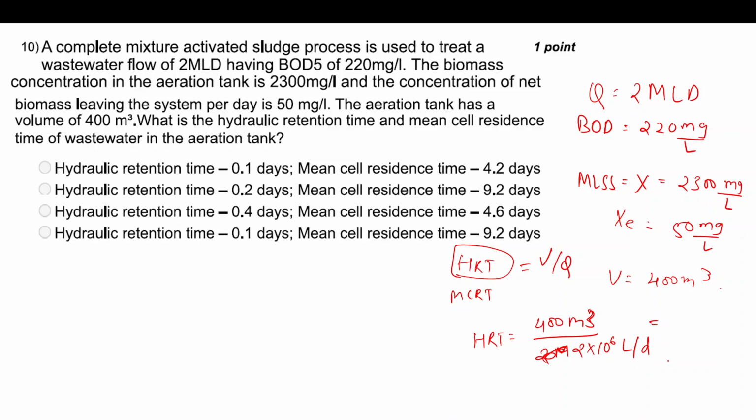Convert liter into meter cube: 1 liter is 10 to the power minus 3 meter cube. So it comes out as 400 by 2 into 10 to the power 3 meter cube per day. If you calculate, it should be 0.2 days, which is the HRT.